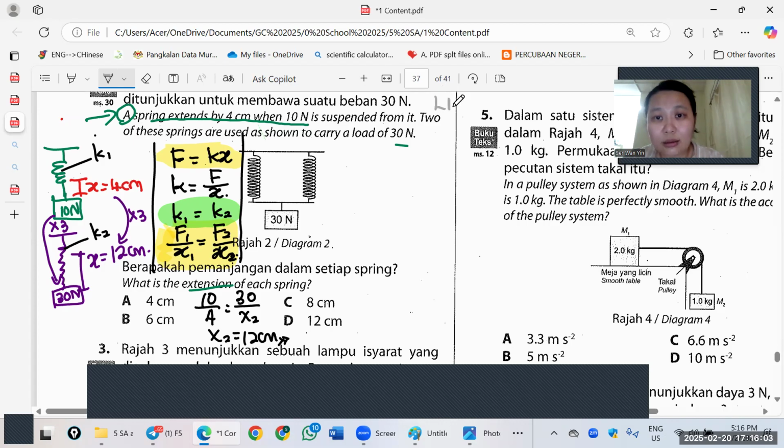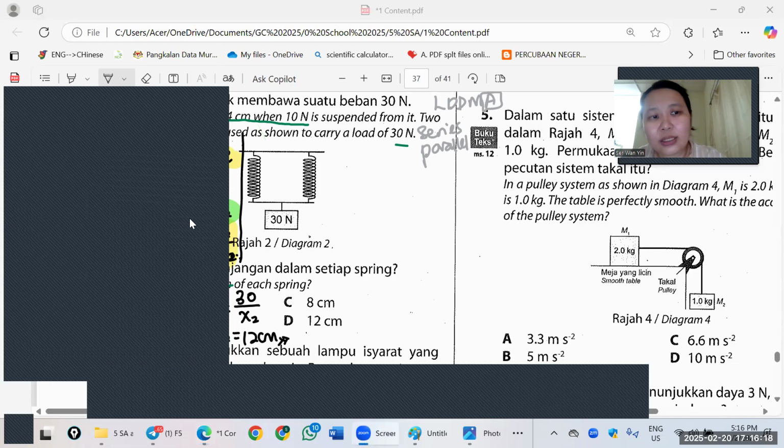What is this arrangement, series or parallel? You can type S or P. Yeah, thank you, Jiawen. Thank you, Anas. 100 correct. The rest, forgot.